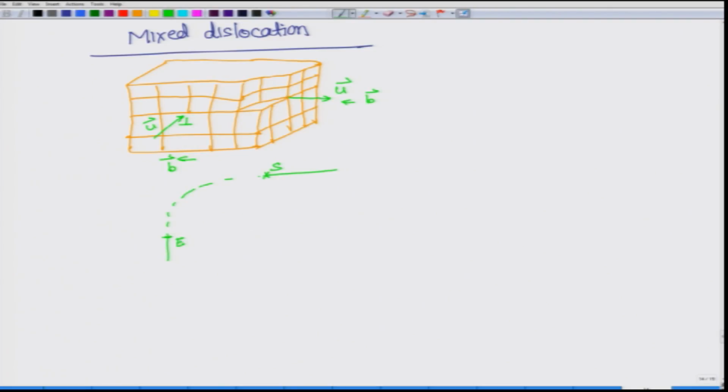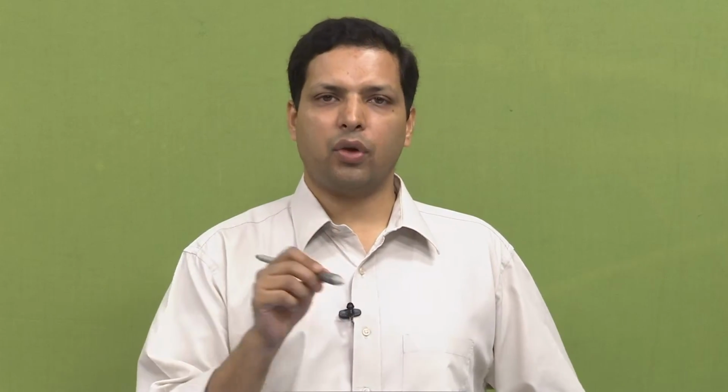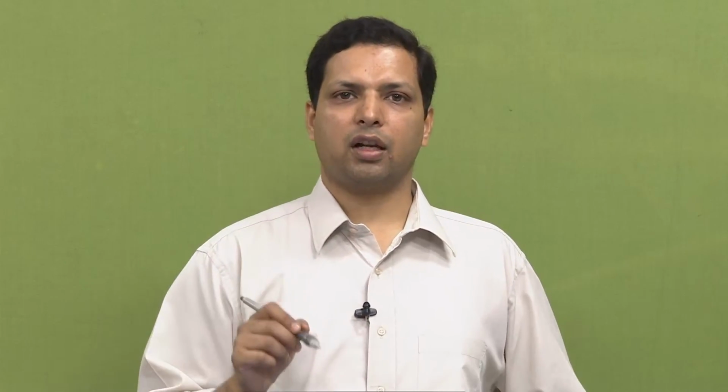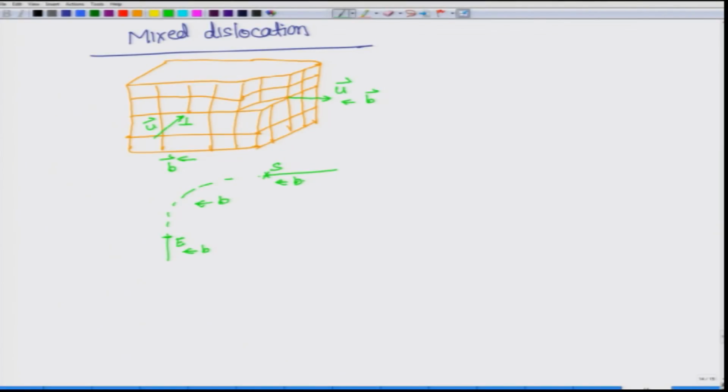Here you have the Burgers vector like this, and here you have the Burgers vector like this. So, it seems that the Burgers vector remains constant whether you are in edge dislocation or screw dislocation. It is a matter of fact that the Burgers vector remains constant for one given dislocation. No matter what location you are looking at, no matter what the orientation, the Burgers vector will remain constant, which means at each of these points the Burgers vector is like this.